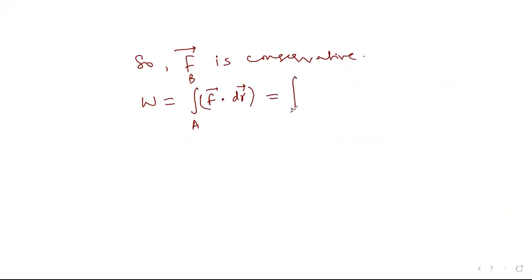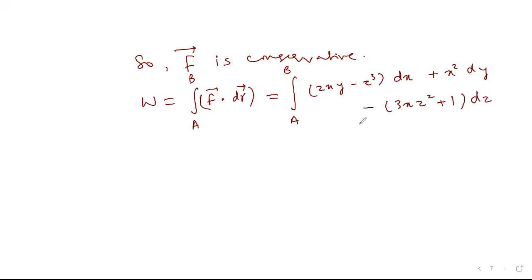Which is simply the integral from A to B of 2xy minus z cube dx plus x square dy minus 3x z square plus 1 dz, because infinitesimal displacement dr is simply dx i cap plus dy j cap plus dz k cap.